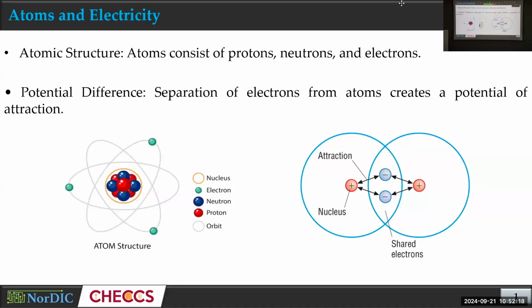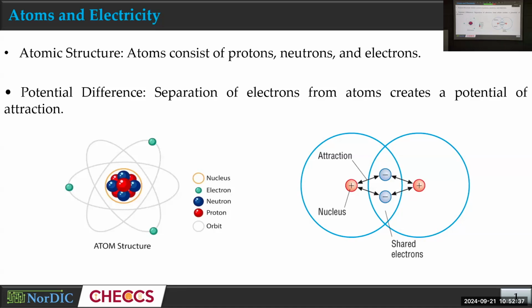So the electron will act like a traveler here. That is called a free electron, when an electron can overcome the attraction force or the other forces around it to travel from one atom to another.